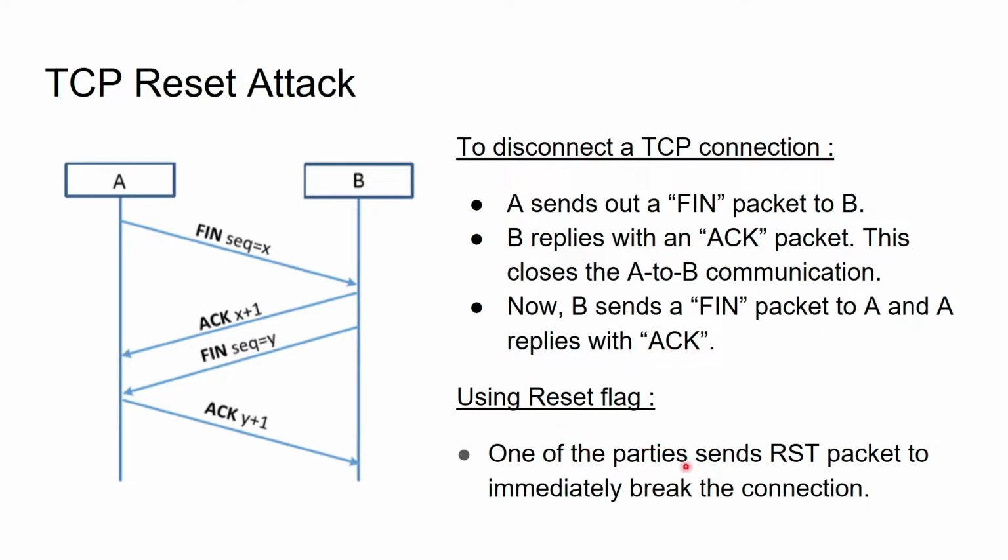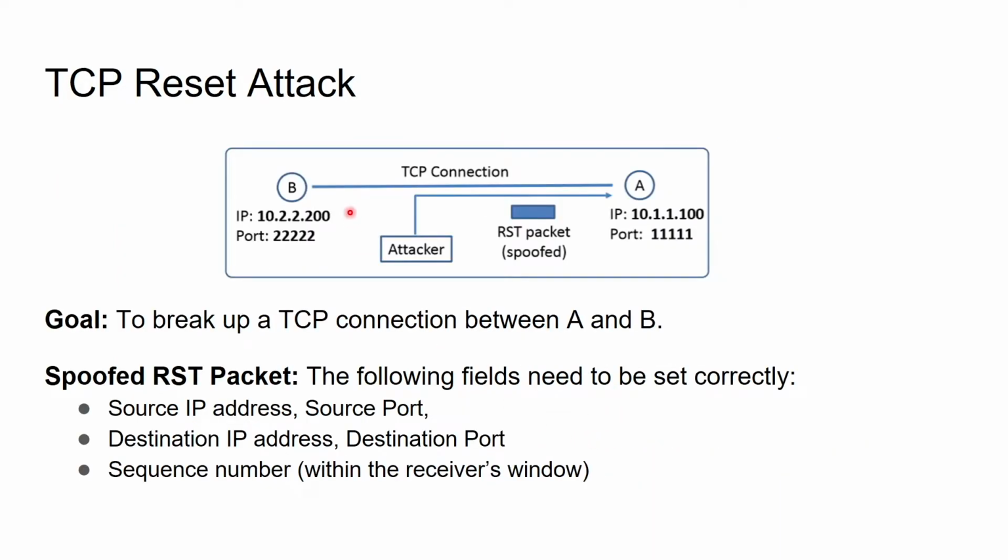This is the reset attack. That is, the attacker will send a spoofed reset packet to either A or B, and then the TCP connection will be broken. So this is the theory.